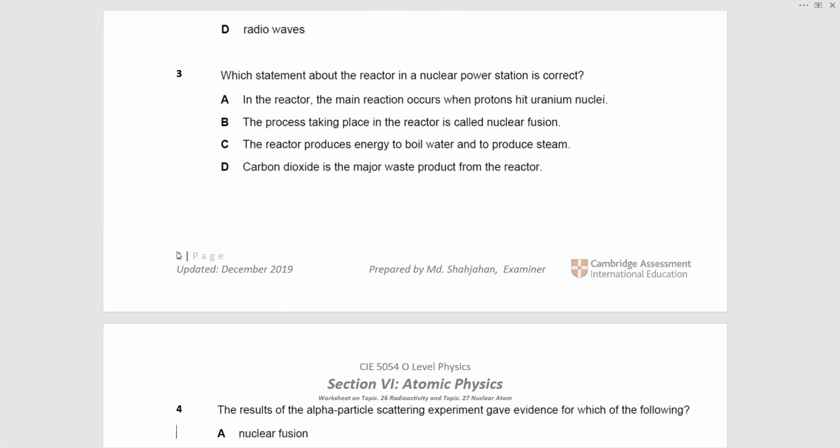Now, which statement about the reactor in the nuclear fission is correct? It is coming from the block diagram, the power station block diagram. It is a thermal power station, right?